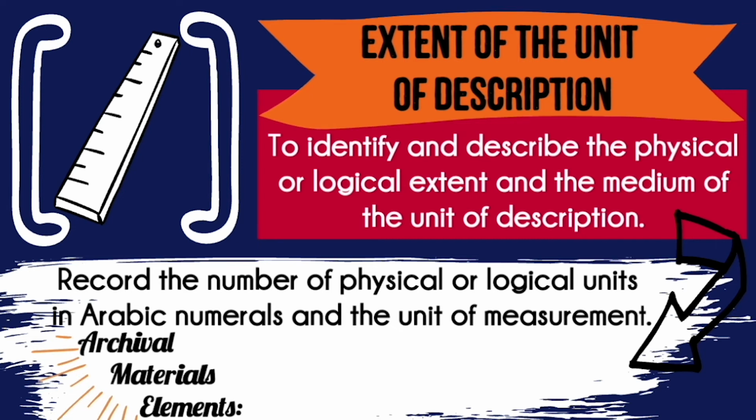There are also what we call the archival materials elements. First is the intellectual elements, which describe the content of the archival materials, including the title, arrangement, function and use, scope and content, dates, control numbers, access and use, restrictions, and other access points such as geography, language, subject, and record types.